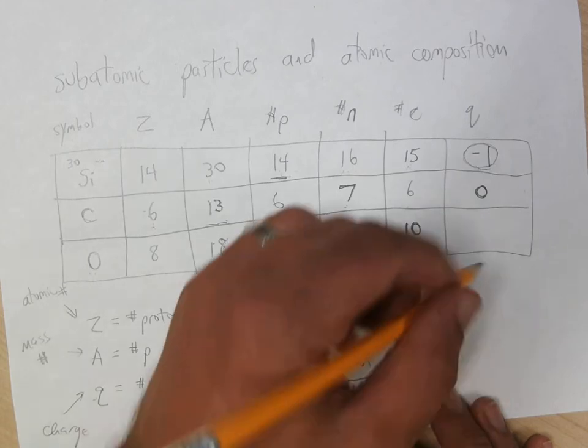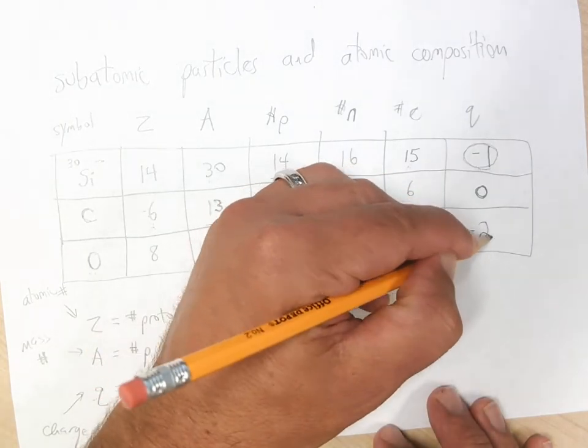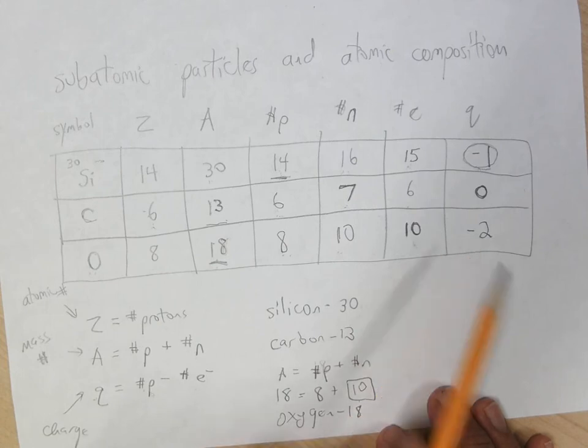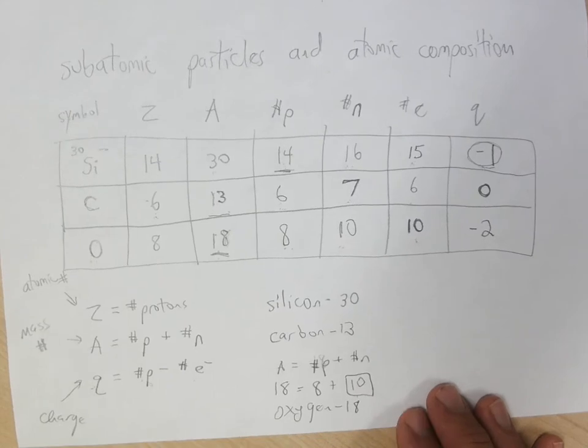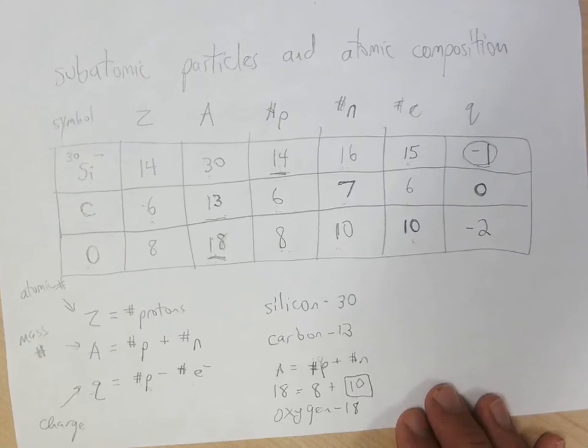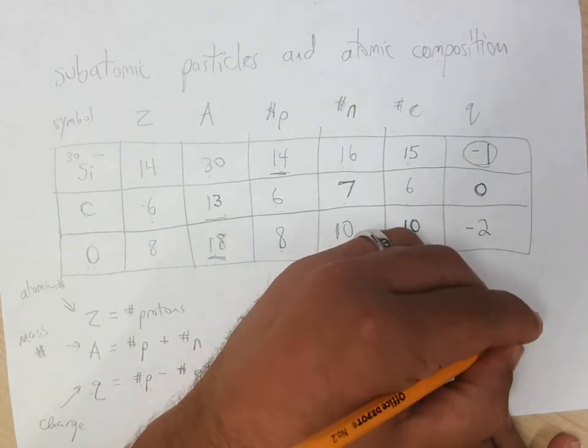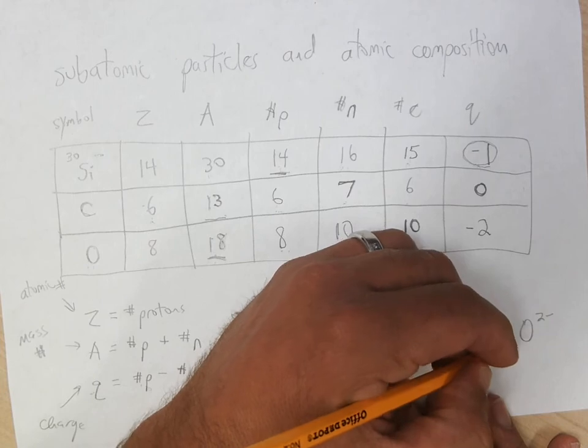So with 2 extra negative charges, this has apparently gained 2 electrons and become oxide with a -2 charge. So the oxygen 18 anion, as I've got it written out there, would be oxide and have a charge of 2-.